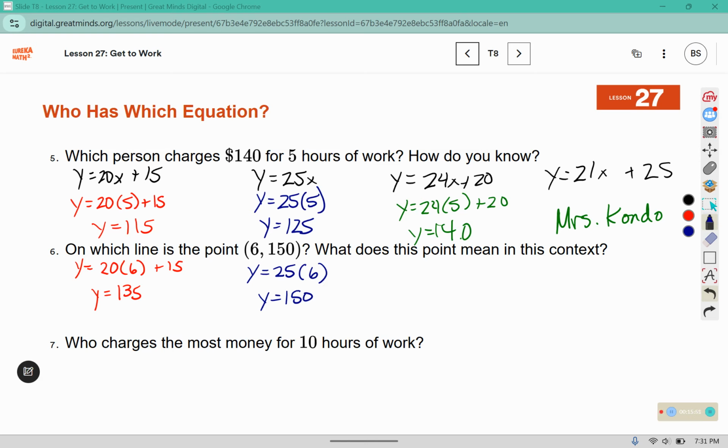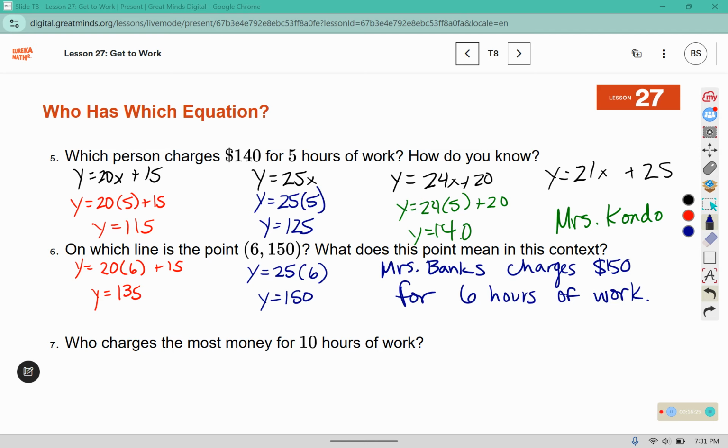So that appears on the line for, is that Mrs. Banks? Yes, Mrs. Banks. And it says, what does it mean in this context? It means that Mrs. Banks charges $150 for 6 hours of work.